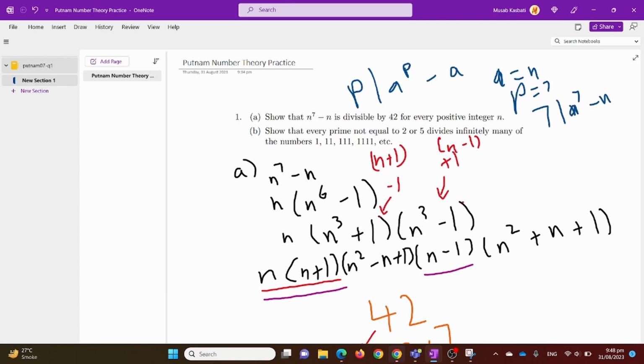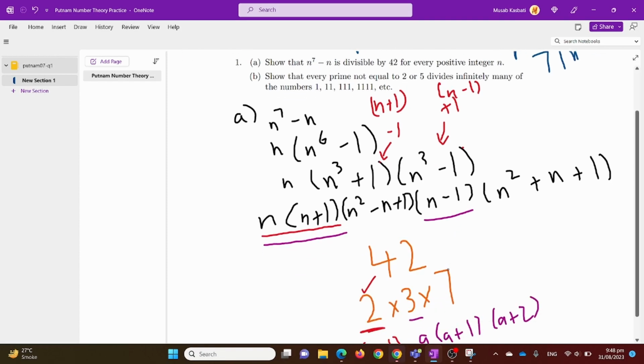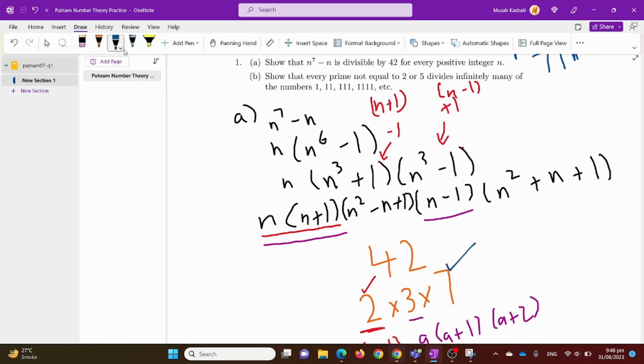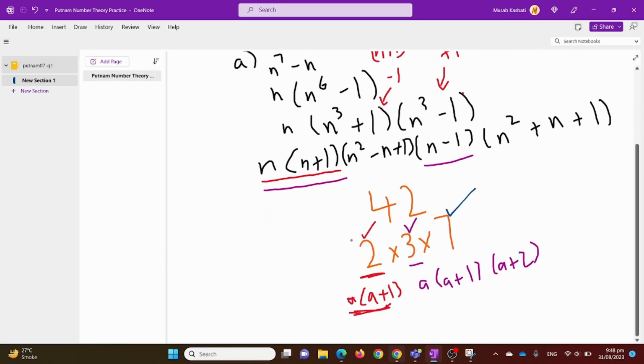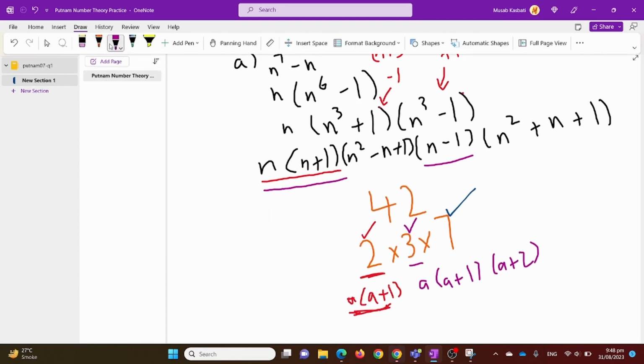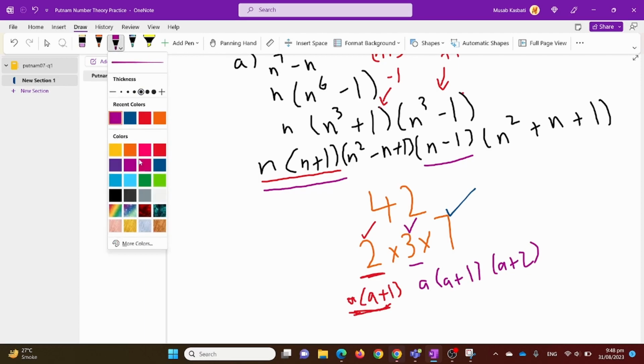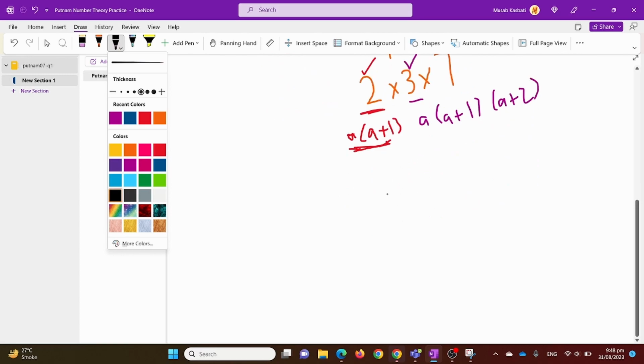Or I could have just written a, that's arbitrary, but the point is that we can show by Fermat's little theorem that this expression has to be divisible by 7, which just means that it is also, so if it's also divisible by 7, is divisible by 3 as we showed earlier, so it's therefore divisible by all 3 of these options, meaning overall it is in fact divisible by 42.